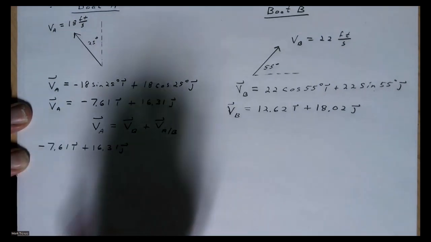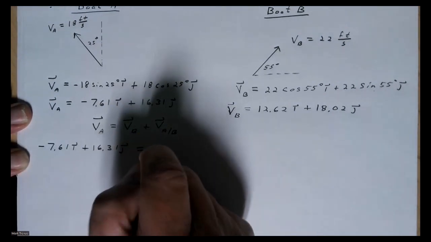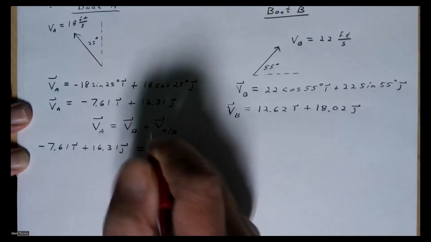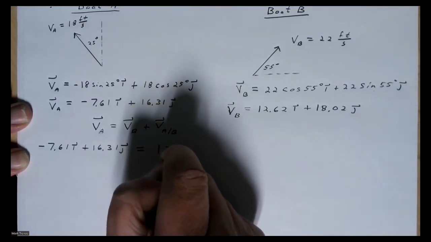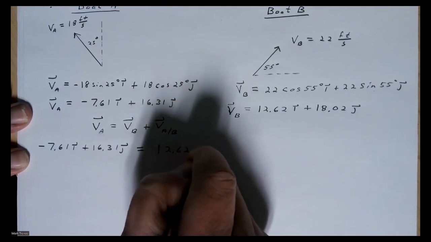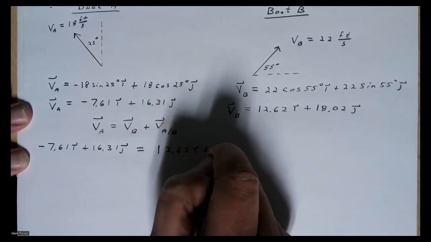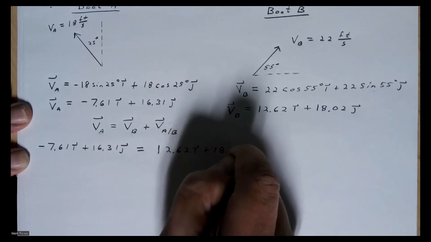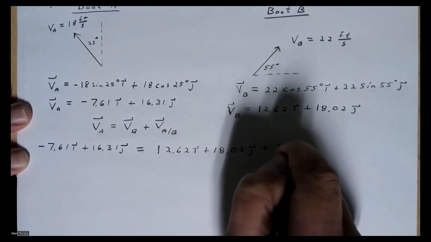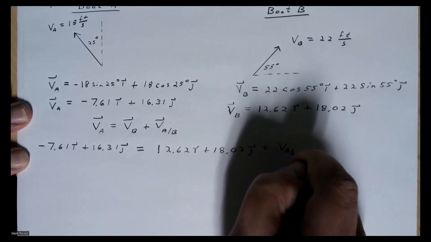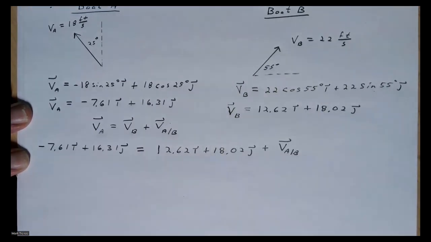Then we're going to need VB: 12.62 I, 18.02 J, plus VAB.